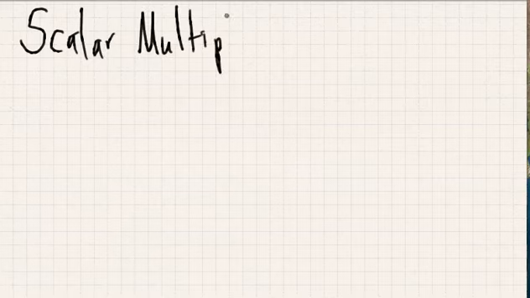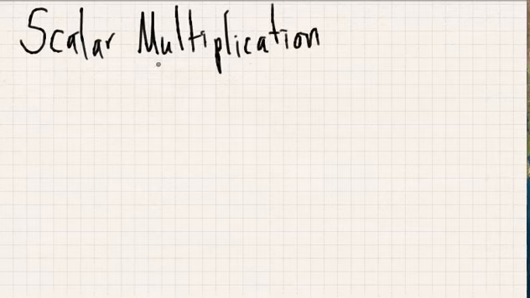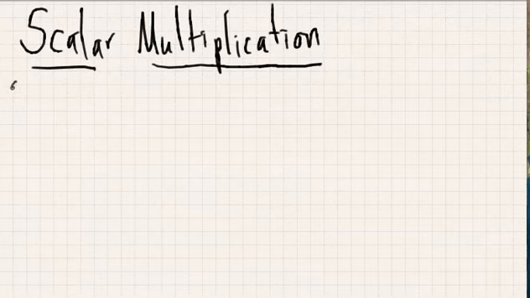Alright, the next thing I would like to look at, and this is not what the book calls it, but I'm going to call it scalar multiplication. This is the simplest way that you can think about multiplying a matrix.